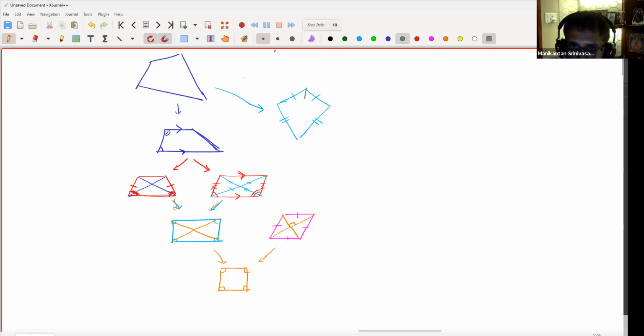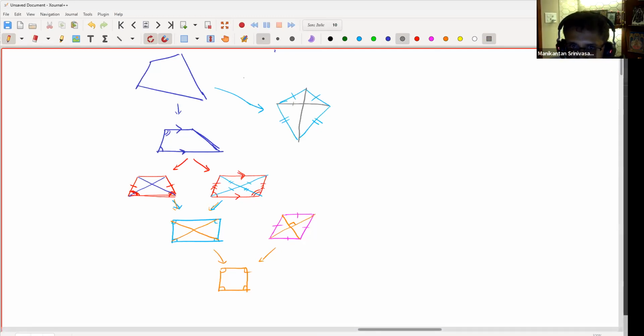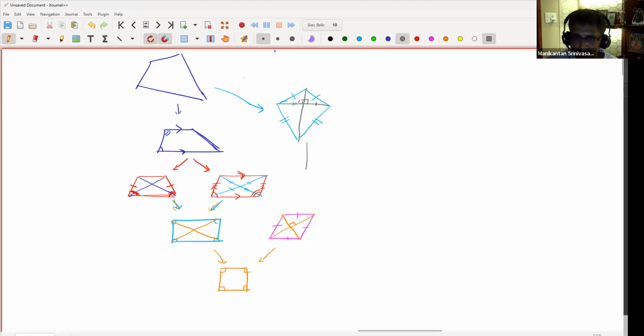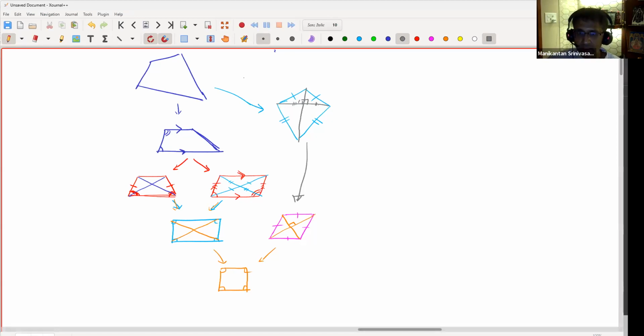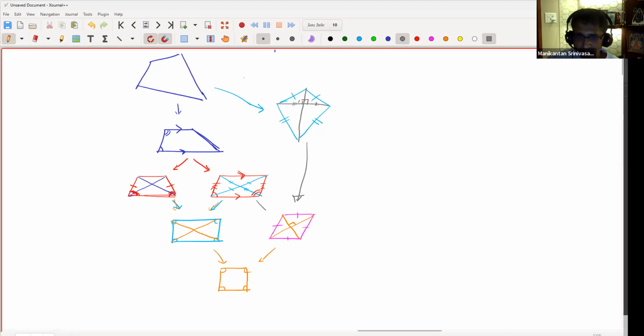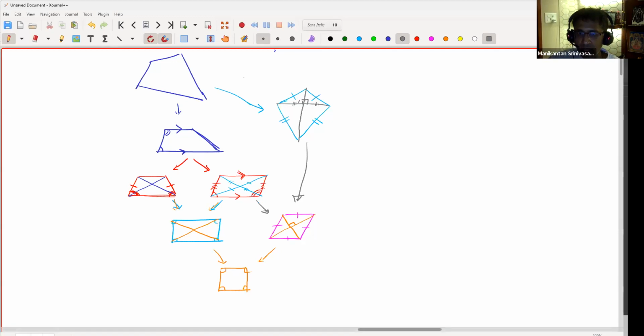So you have one diagonal bisecting another diagonal, and the diagonals are perpendicular. The other diagonal need not bisect. If it does, then it becomes a rhombus. So a rhombus is a special kite. So a rhombus derives both from a parallelogram and from a kite.